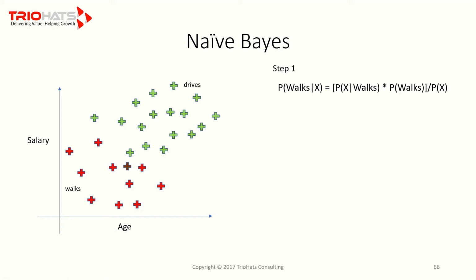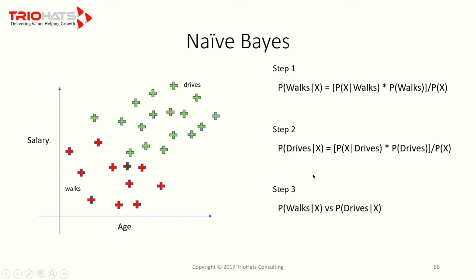For now, just remember it is the probability that the person is a walking class given x. The second step is the probability that the person belongs to the driving class given x, and at step 3 we'll compare the two values, and whichever has the biggest value, the person belongs to that category.